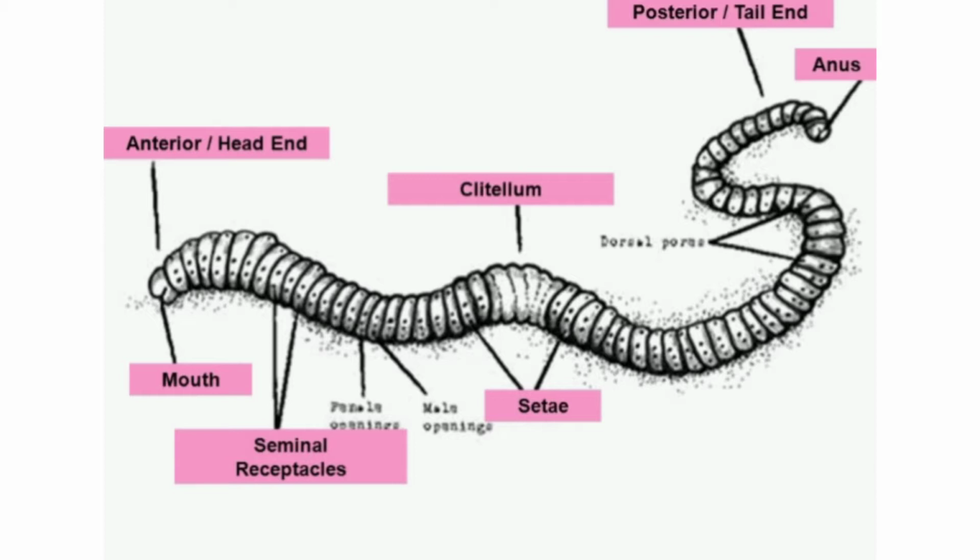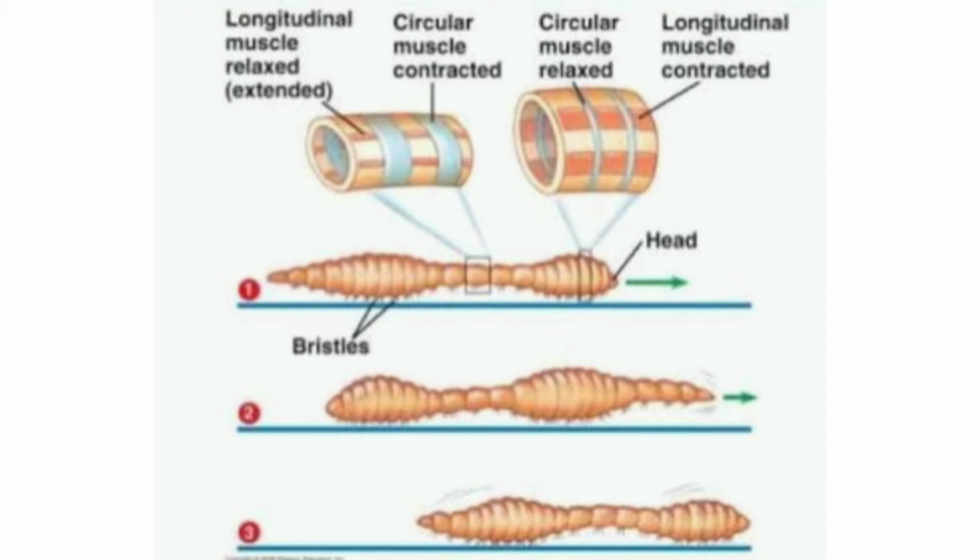An earthworm moves by using two different sets of muscles. The earthworm uses its circular muscles to lengthen and push itself forward. When the circular muscles tighten, the worm gets longer and thinner.